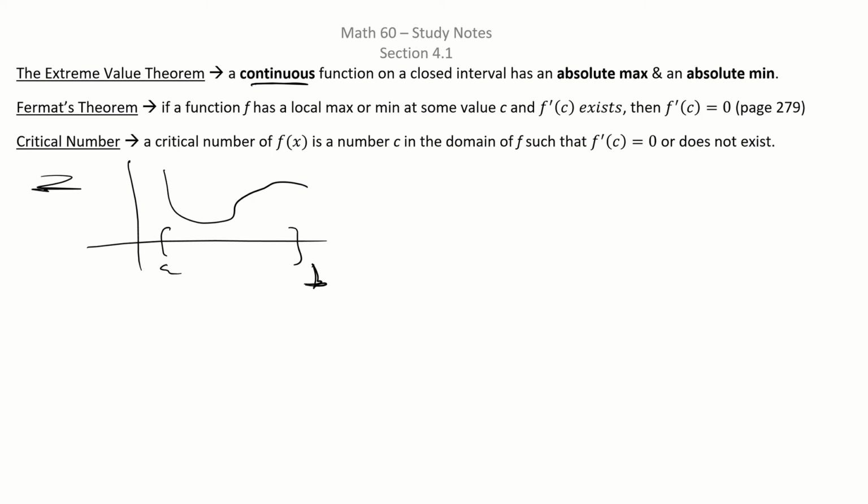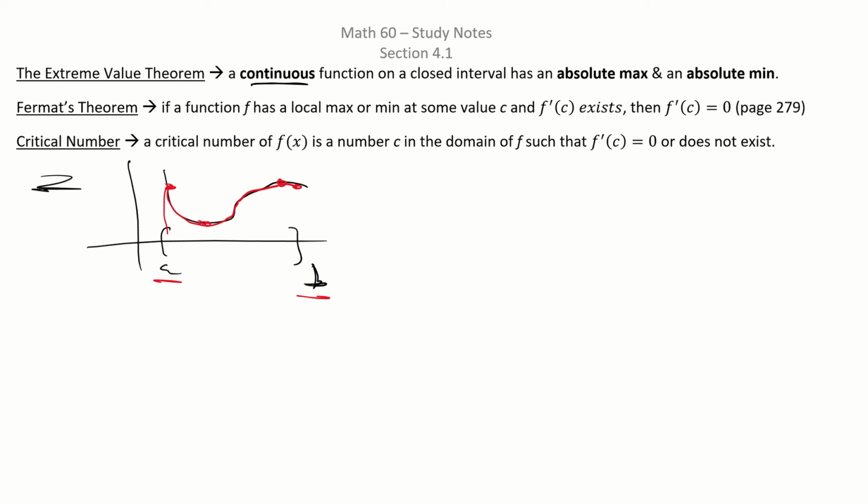And you know that there's some sort of max, maybe there's a min, maybe there's another max here. What's the endpoint? So somewhere along this curve, there's always going to be a max and a min. That's the extreme value theorem.